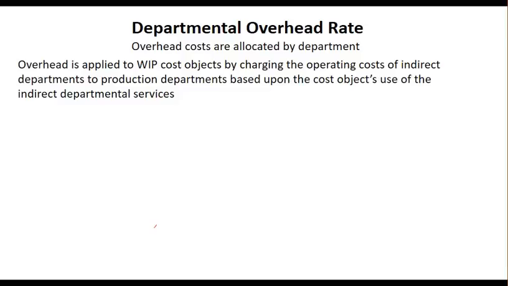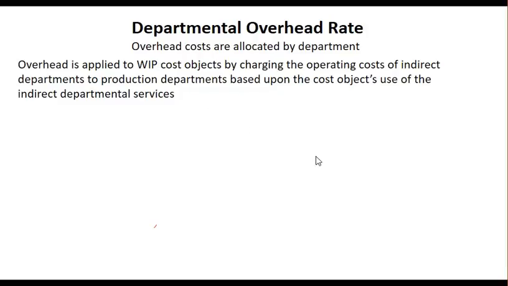Let's now go on to that second category in terms of allocating overhead. And this is allocating overhead at the departmental level. And overhead costs are allocated by department under this process.